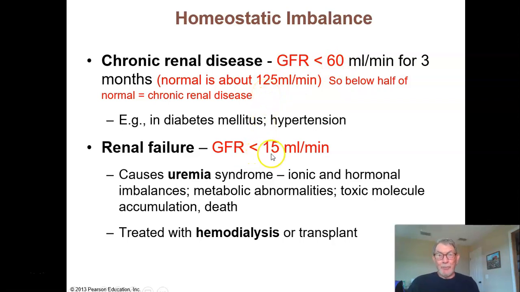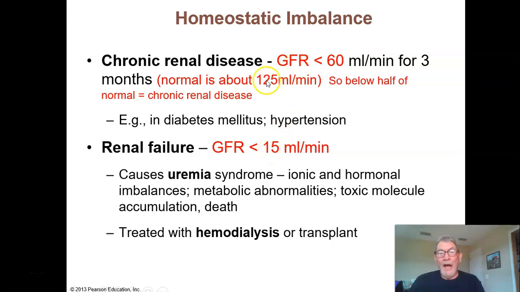And if it ever gets below 15, you are in absolute renal failure and you need dialysis or a kidney transplant. You can't live down here. You can probably live at 50. You can probably live at 40, although you'll have more and more toxins building up in your blood if you're at those low levels. But if you are at 12 or something, you're dead unless you do something about it.